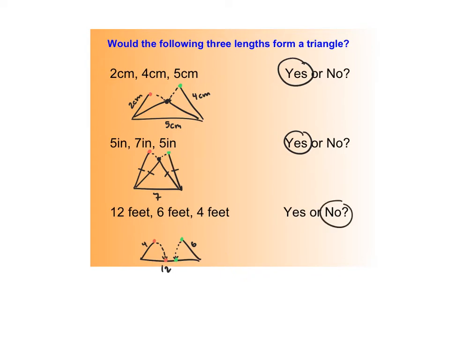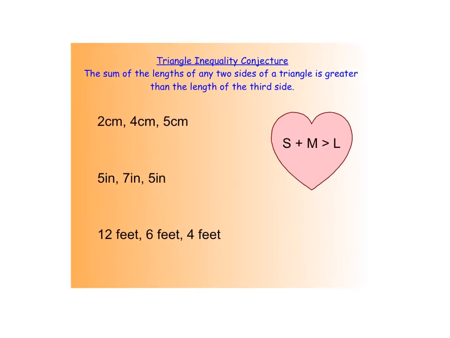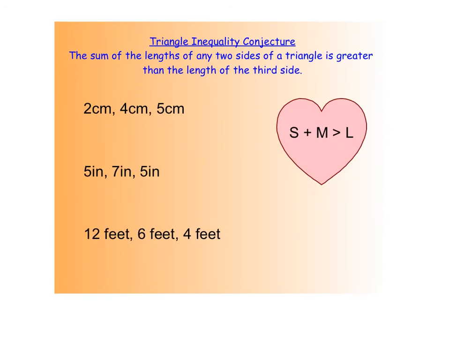Let's confirm that each of these 3 examples is true now using the triangle inequality. So formally stating the triangle inequality, we see that the sum of the lengths of any 2 sides of a triangle is greater than the length of the third side.